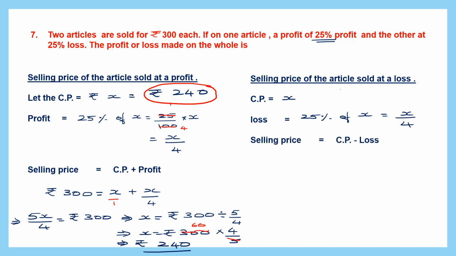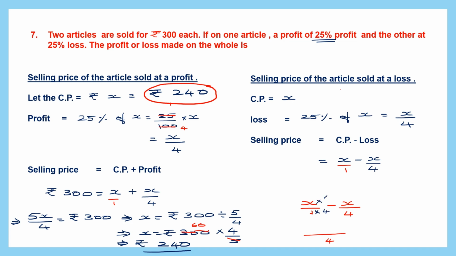Now the selling price is cost price minus loss. So what is the cost price? Cost price is X and loss is X by 4. So here we have to find the LCM again and subtract these two. So let's do it here. X by 1 minus X by 4. So here the LCM is 4. So here we can say 1 into 4.